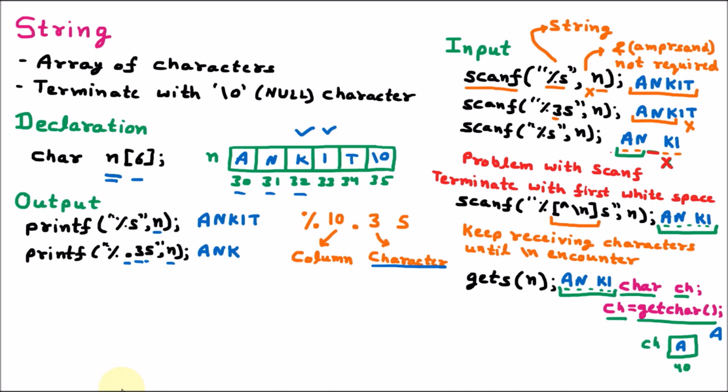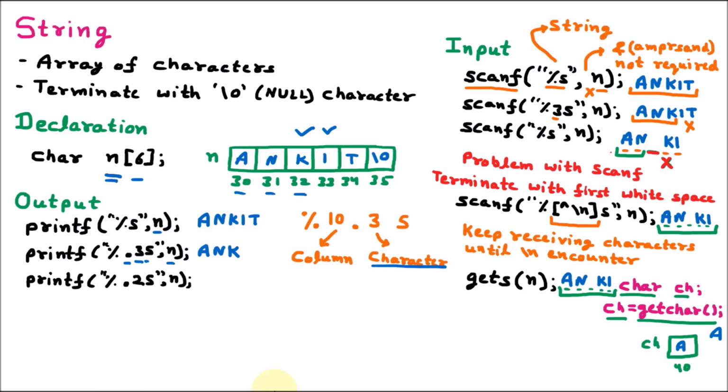I am taking one more example here. Let us suppose I use printf, then bracket start, then double quote, then percentage. I am not giving the column. I simply say dot, then 2s, then double quotes end, comma, n, afterward semicolon.